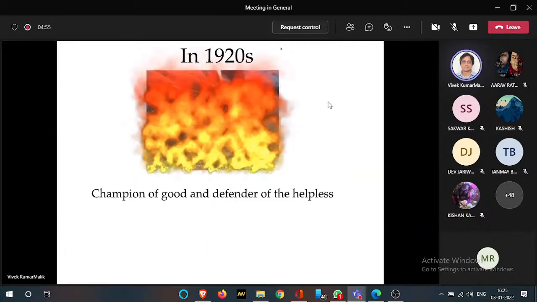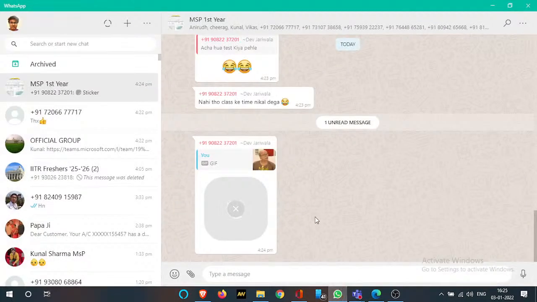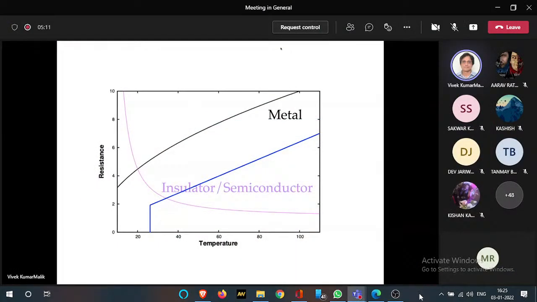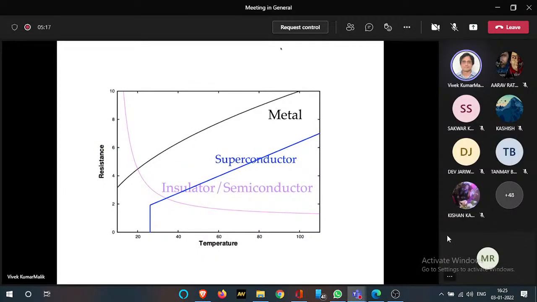It has the property that below a certain temperature, which we call the critical temperature, the resistivity or resistance goes to absolutely zero. And this is one of the two important properties of superconductors, which you can define.